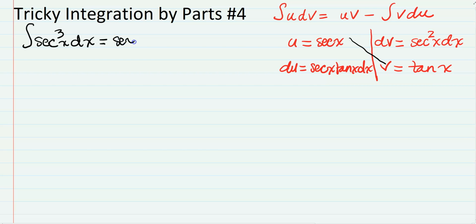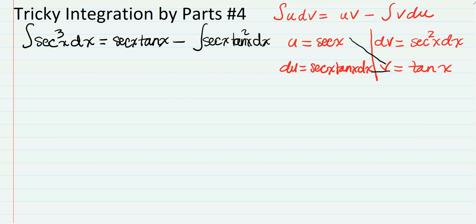That would be secant x tangent x minus the integral of v du, and that would be secant x times tangent square x dx. Tangent times tangent is tangent square. Okay. Ooh, what do we see? By parts again, maybe. But no, we don't want to do that.